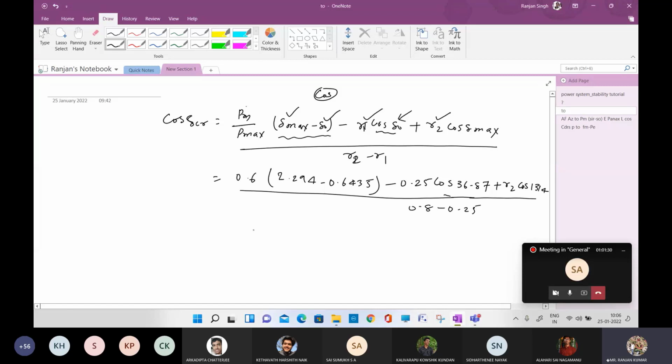If you calculate all this value, then you get 61.64 degree. Delta c it is. Okay.